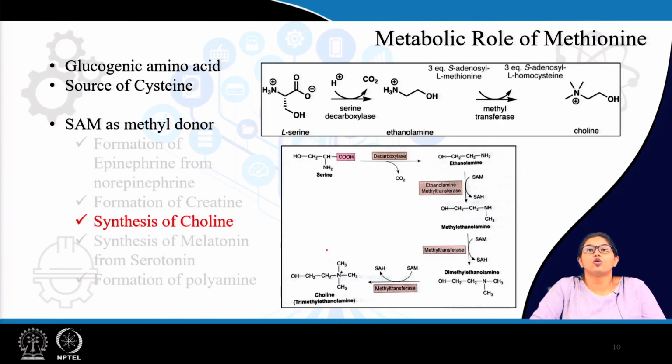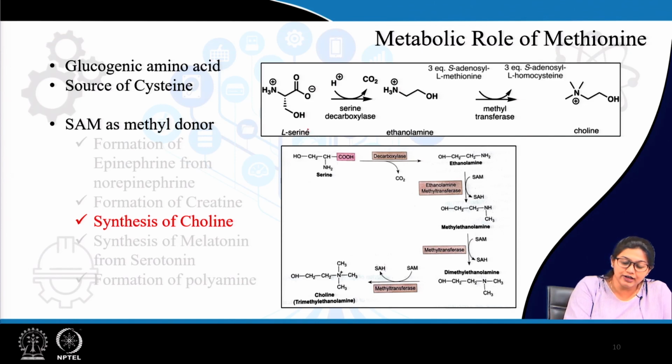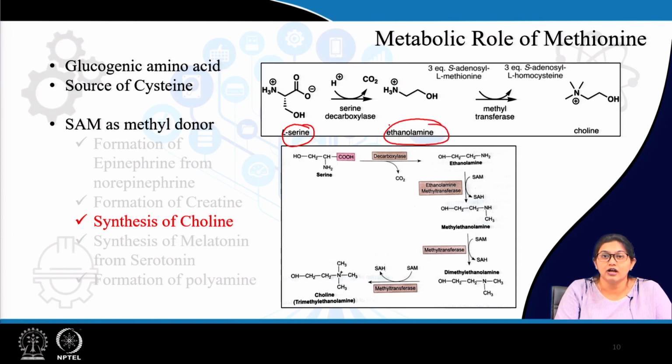Then choline is also formed from methionine. Here the methyl group is donated thrice. So, from the amino acid serine there is formation of ethanolamine by decarboxylation. Now, this ethanolamine undergoes methylation 3 times.